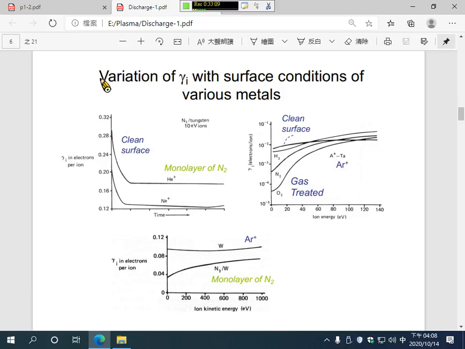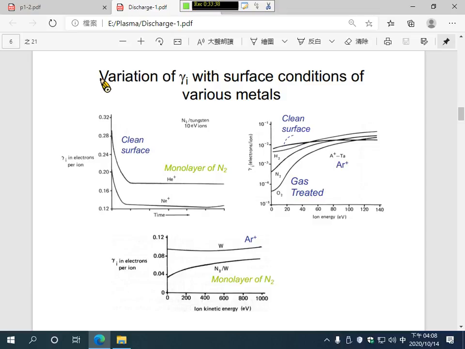So if you run the experiment to measure the secondary electron yield from the tungsten surface, you can find the differences. In the upper curve, you use a helium ion beam to bombard the tungsten surface, collect the secondary electrons, and then calculate the secondary electron yield.